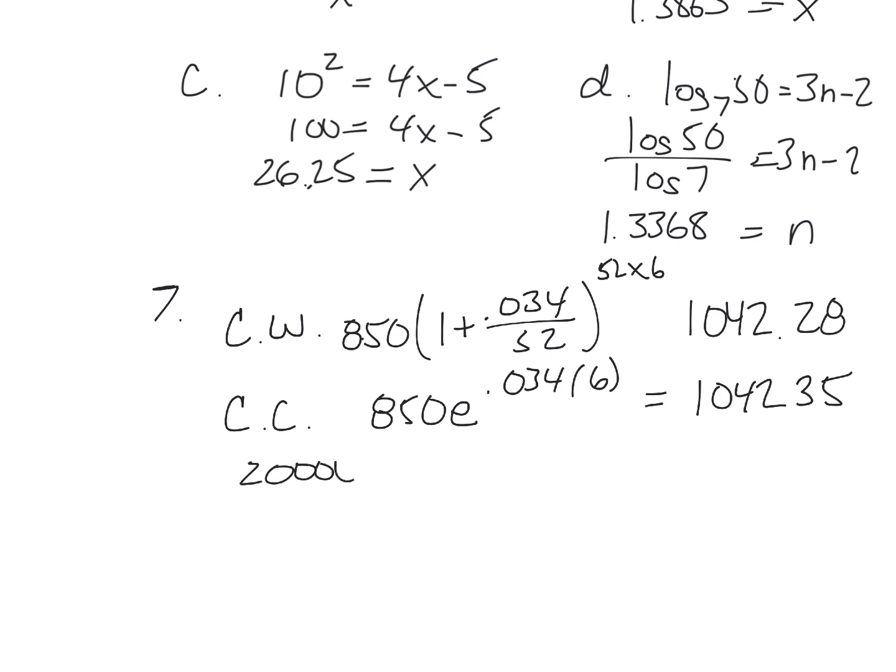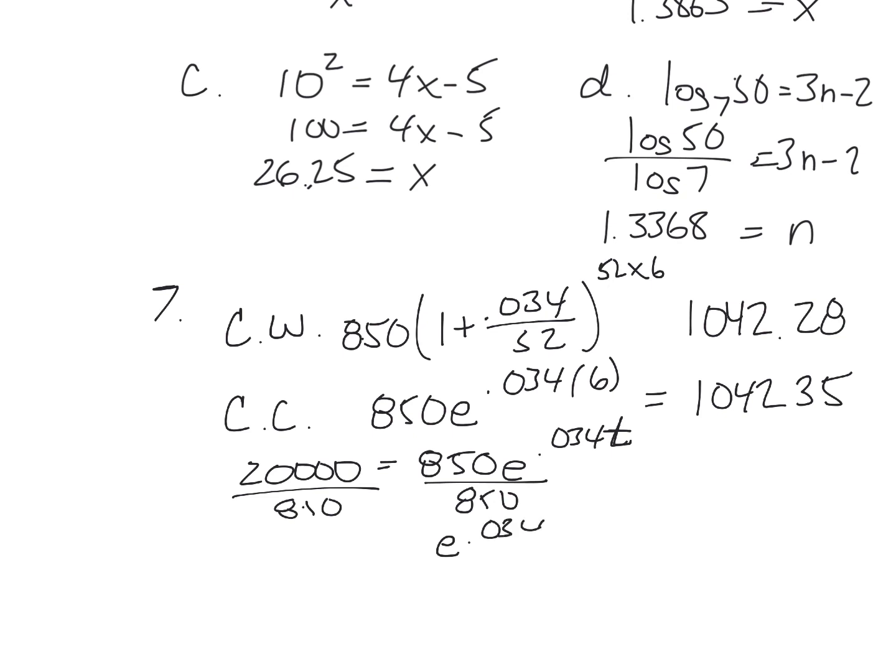So $20,000 is going to equal 850 times e to the 0.034, and we don't know the time, so that is our t. We're going to divide by 850. And you're going to have e to the 0.034t power is equal to whatever 20,000 divided by 850 is, and that is about 23.5.